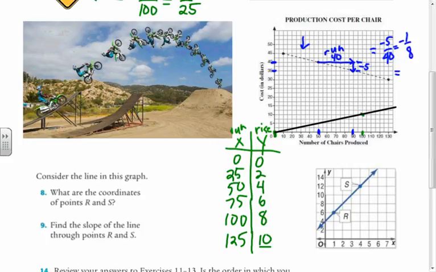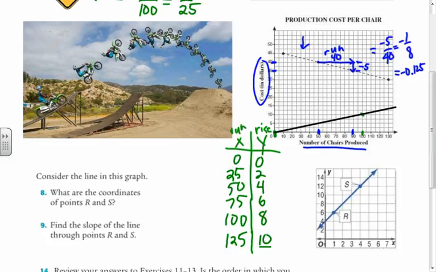If I divide that, that's negative 0.125. What that means for this problem is for every 1 chair produced, our cost in dollars goes down by about 12.5 cents. So that's what that means.